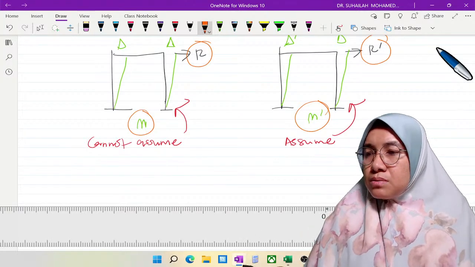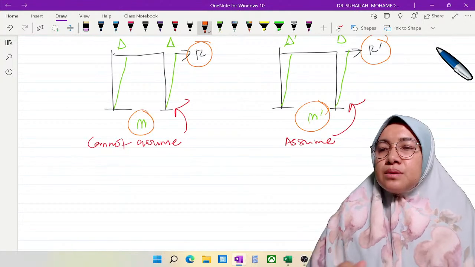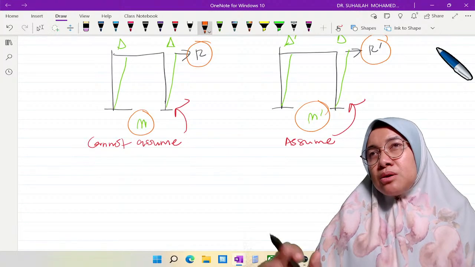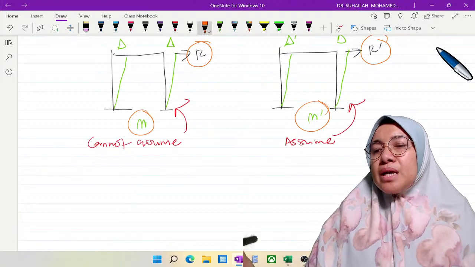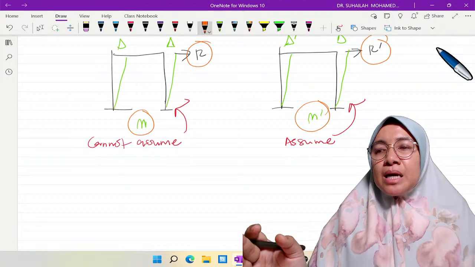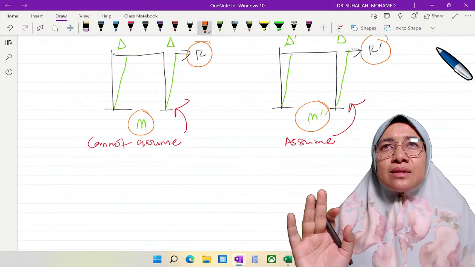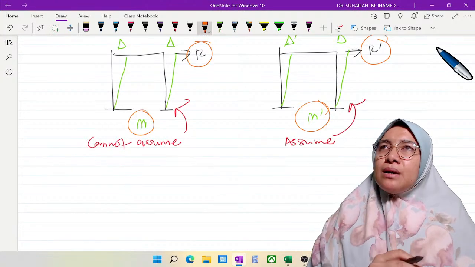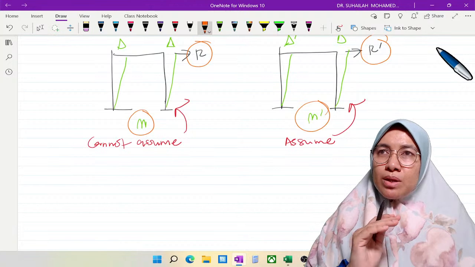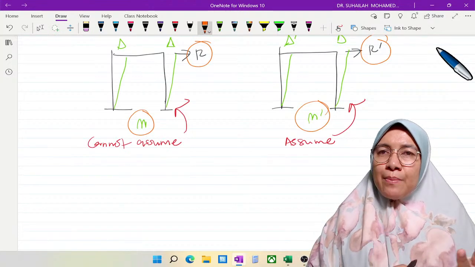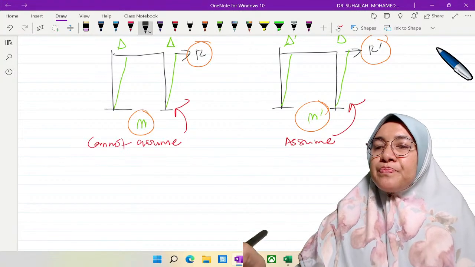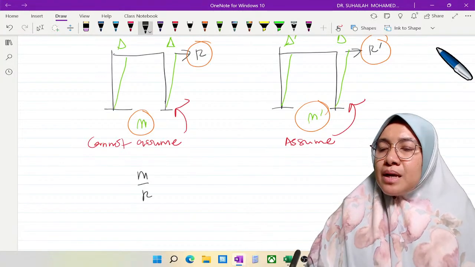Okay, compare these two. When we compare these two, what we want is the relationship between M and R. We do not make a relationship between delta and delta prime. We only produce the relationship between M and R, and between M prime and R prime.